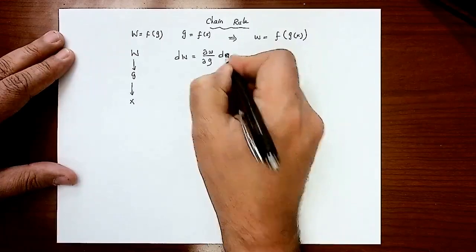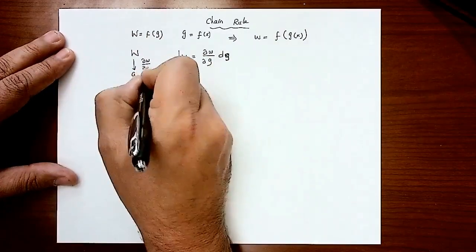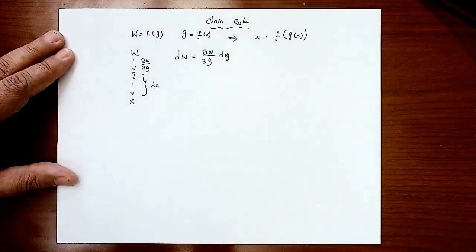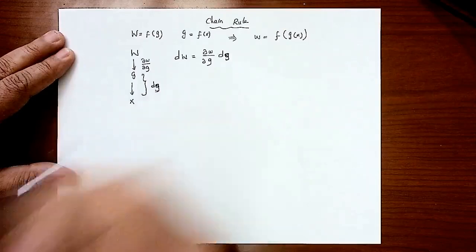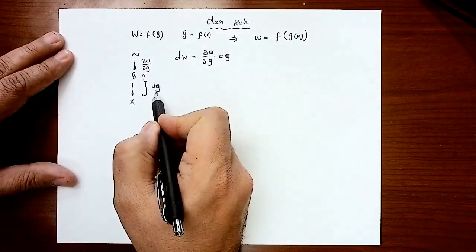Okay, so dW is partially changed with G times whatever is happening here as a total change in the function G. And why is it d, the total derivative?